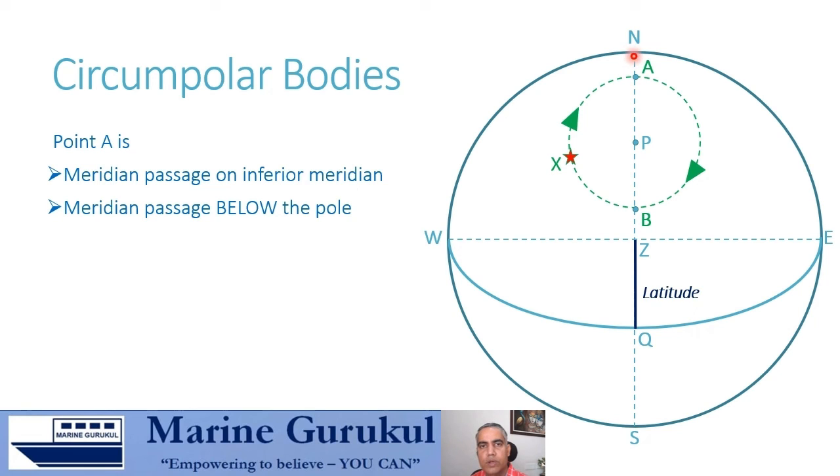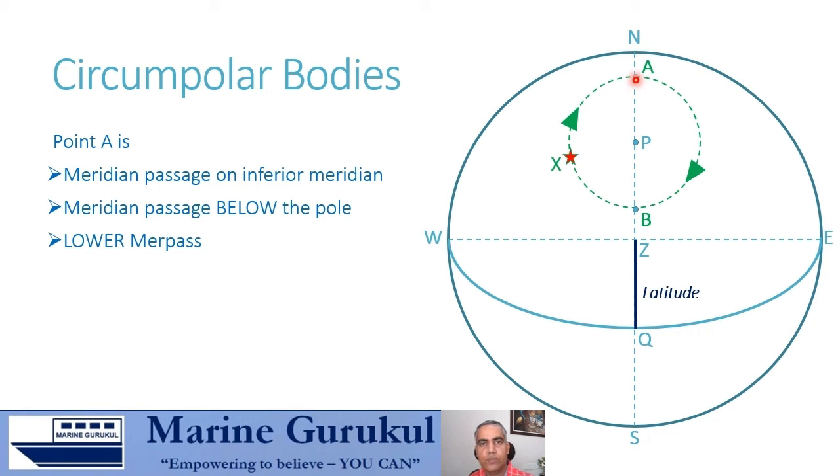N to A represents the altitude of the body at the time of meridian passage on the inferior meridian, and we can clearly see that the altitude of the body is lesser than the altitude of the pole. That is why at point A, the meridian passage of the body occurs below the pole.